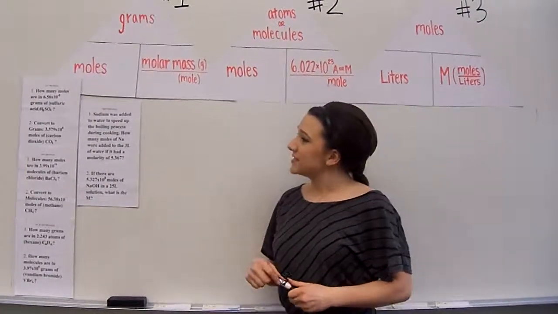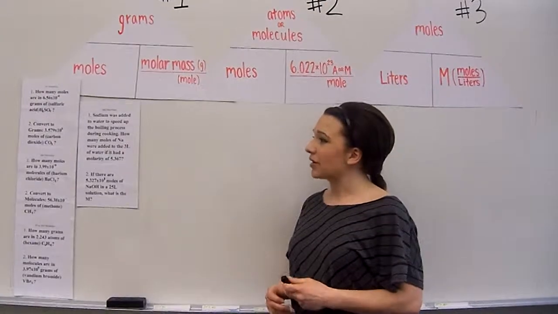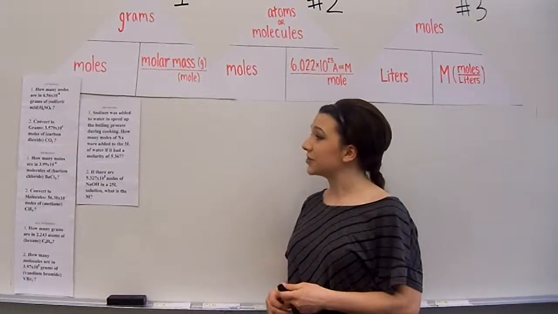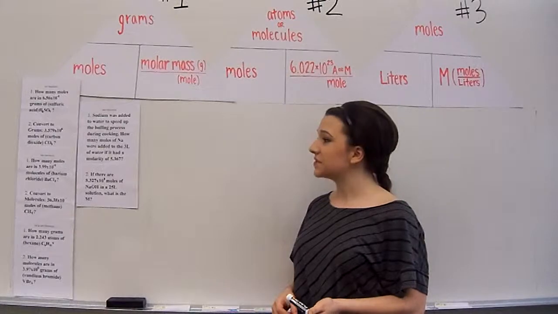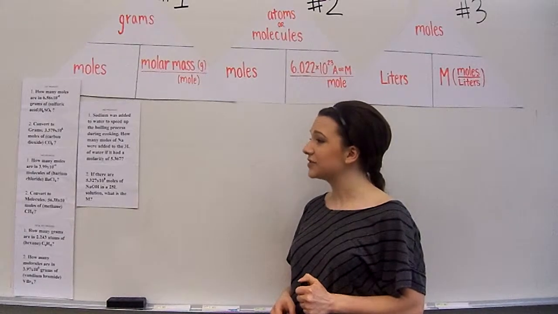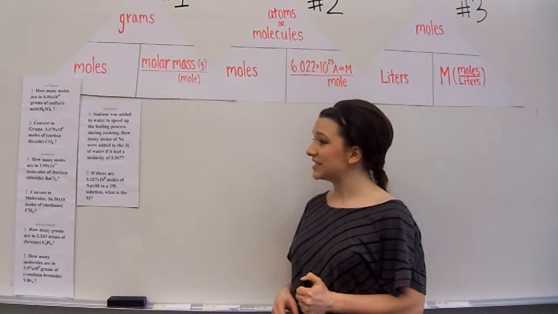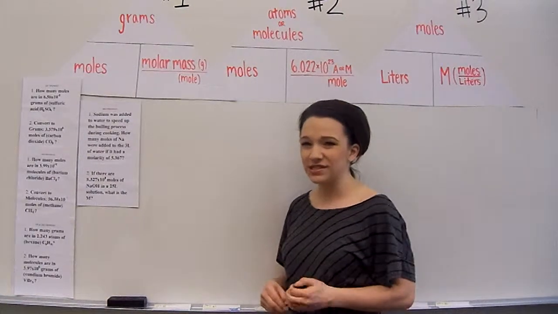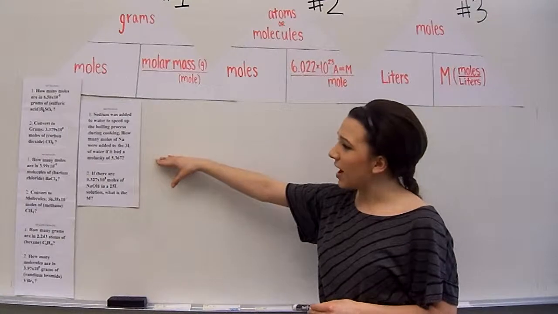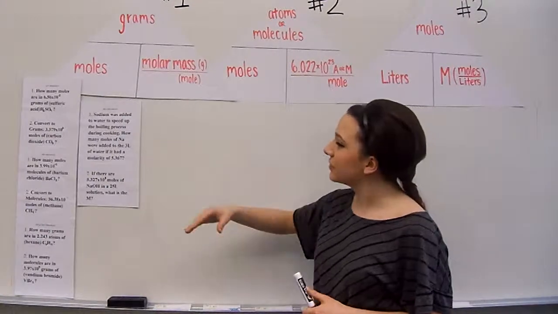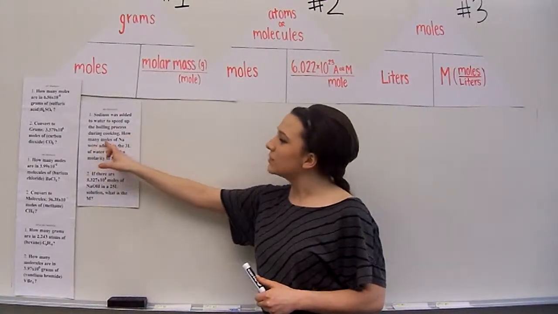The first problem says sodium was added to water to speed up the boiling process during cooking. How many moles of sodium were added to the 3-liter solution of water if it had a molarity of 5.367? Your first step is to read the problem and discover what you are looking for. This says how many moles.